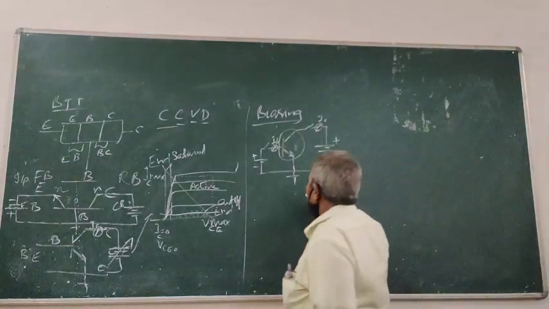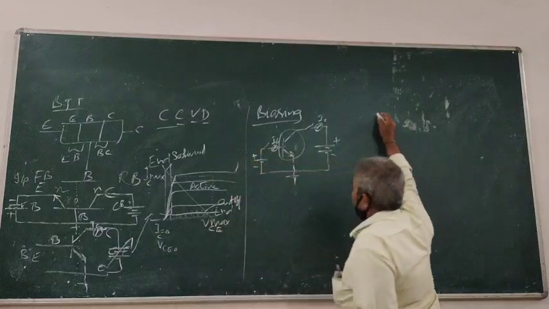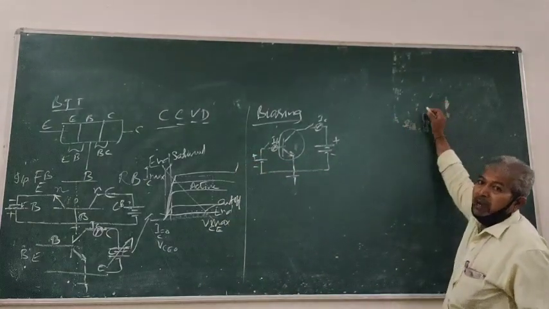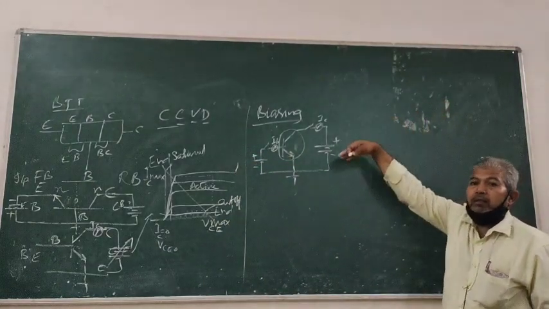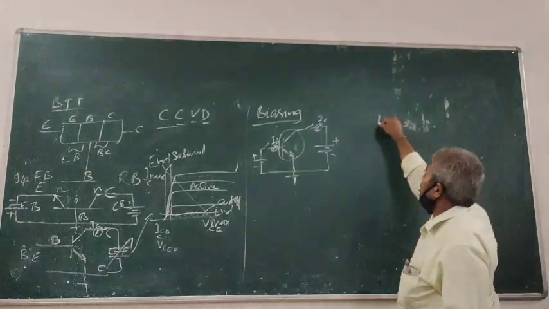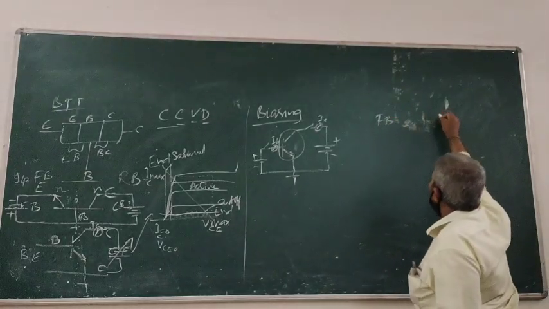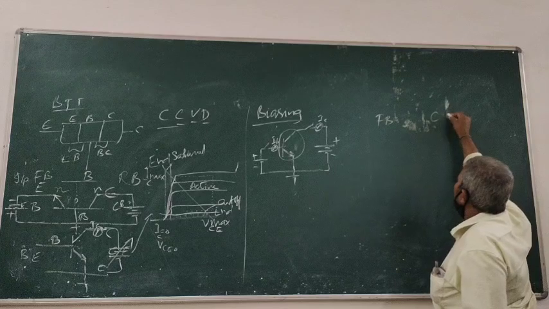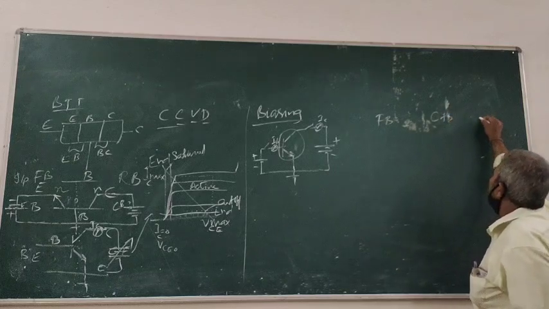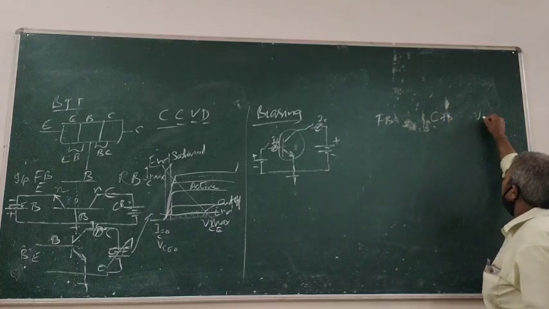So there are types of biasing. There are four types of biasing, but the syllabus gives three types: fixed bias, collector feedback bias, voltage divider bias.